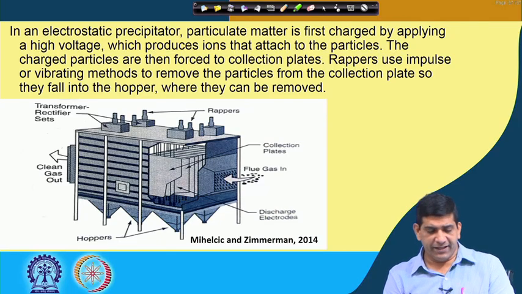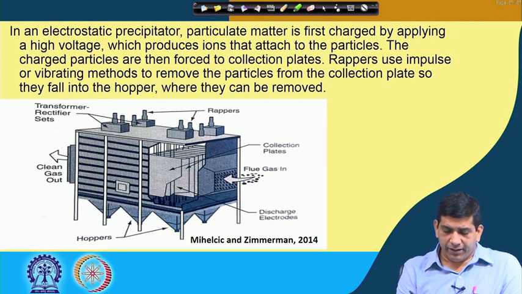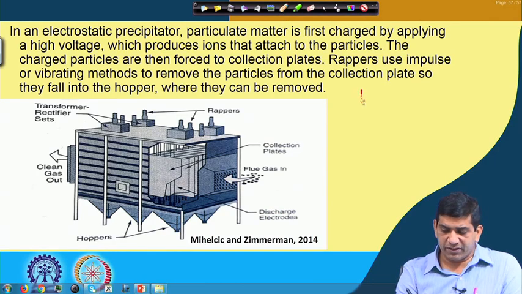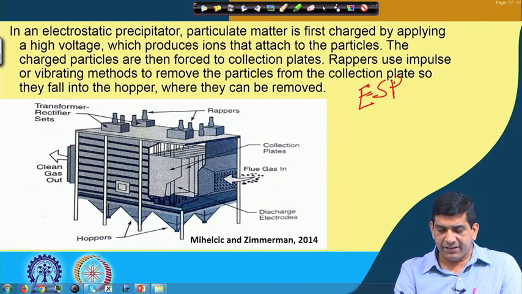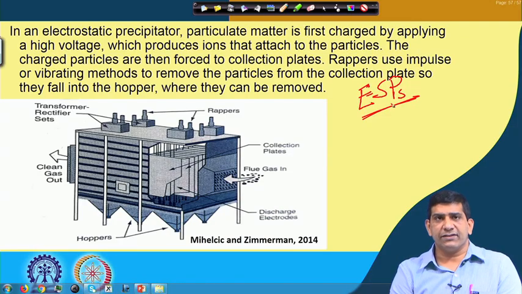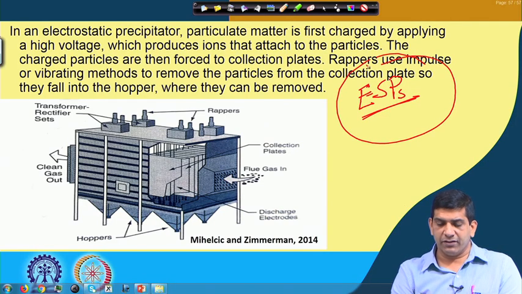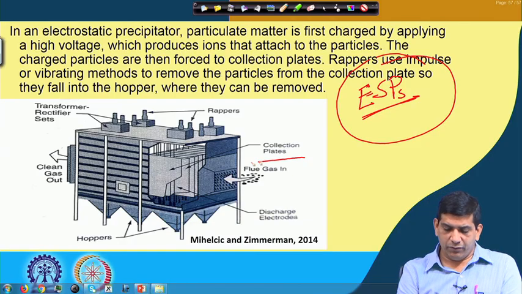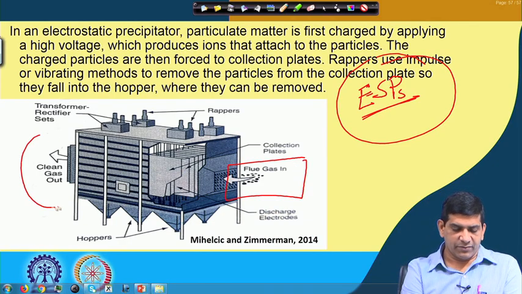So, the flue gas comes in. ESPs, electrostatic precipitators, are very popular, and these days they are common in all air pollution control systems. You will see ESPs becoming very common. The flue gas comes in, and the clean gas comes out here.